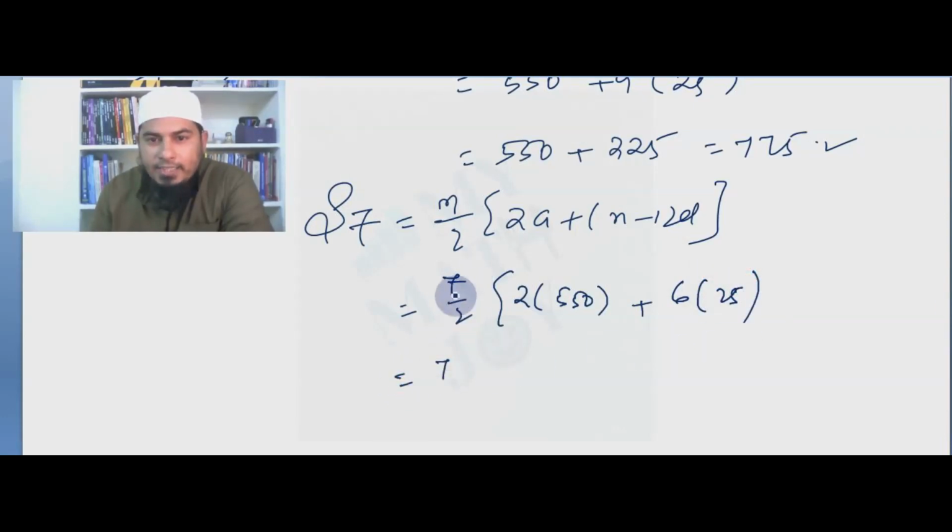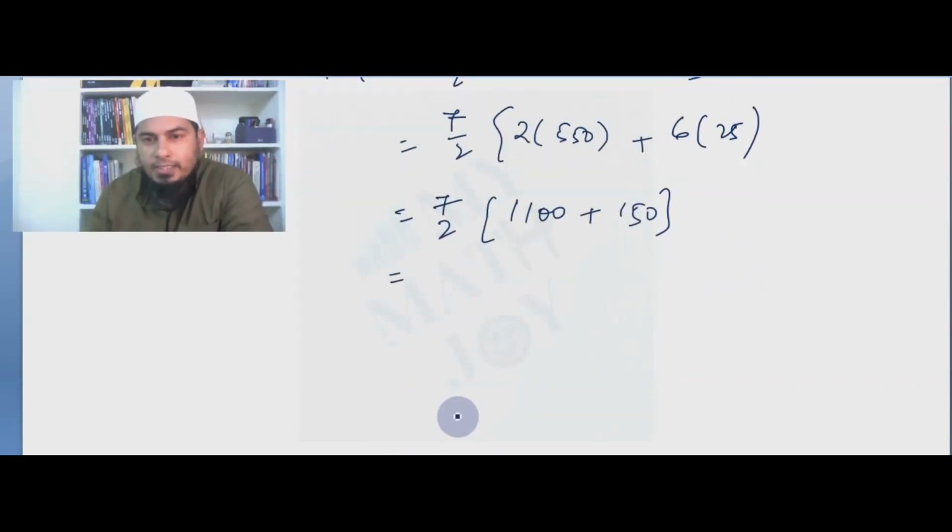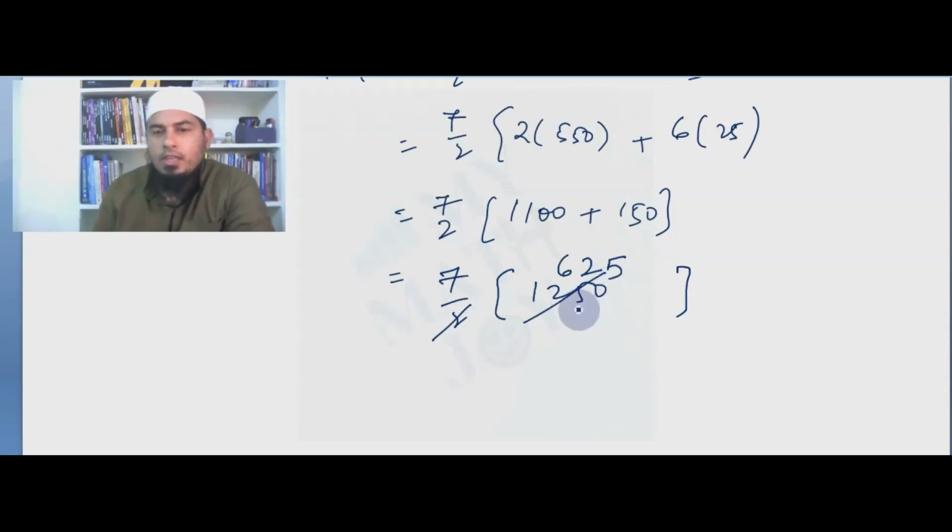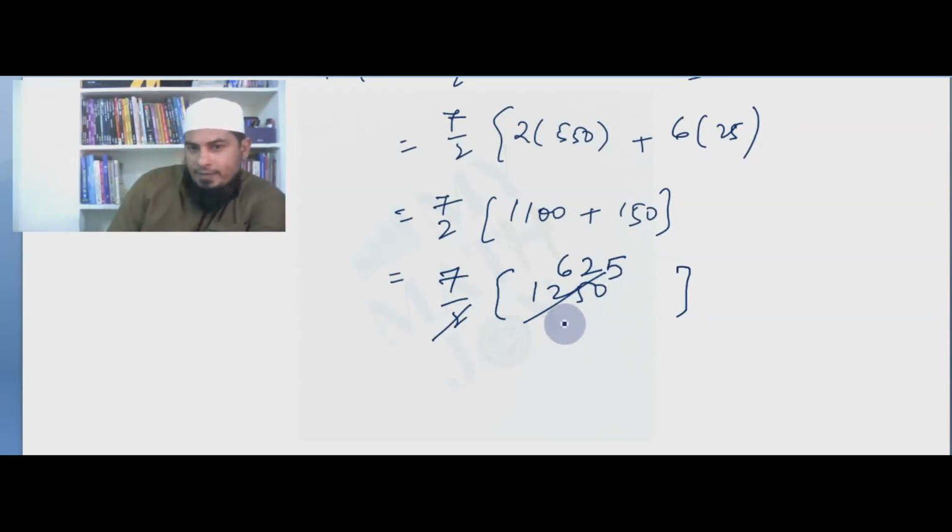We cannot cancel 7 and 2, so I am keeping it the same. 550 times 2 is 1100 and 25 times 6 is exactly 150. If we add this total, you'll get 1250. Okay, 1250, and we can cancel this with the 2, so we'll get 625.